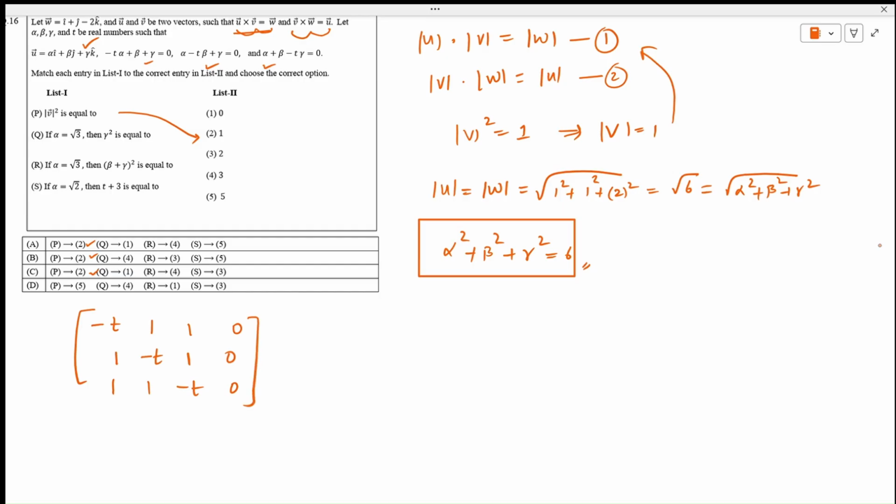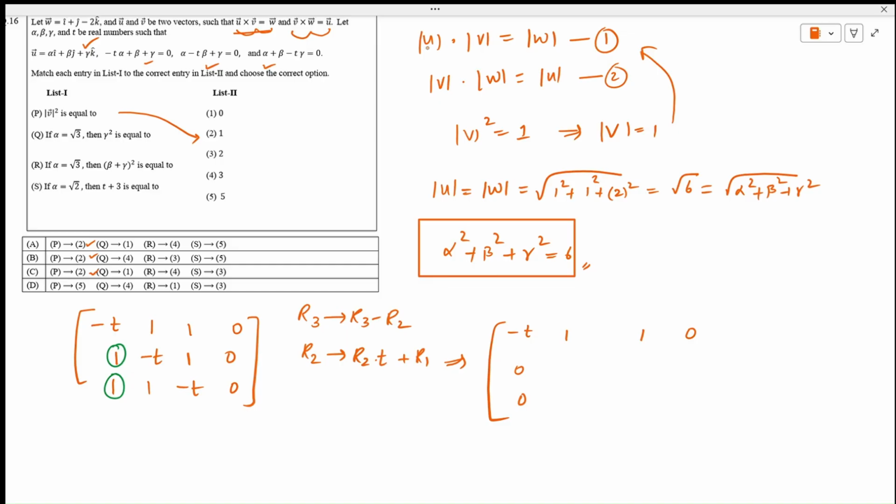Let us convert this to echelon form, where we'll make these two terms 0. For that, what we'll do is R3 will be equal to R3 minus R2, and R2 will be equal to R2 into T plus R1. Then we'll get minus T, 1, 1, and 0, and these two will become 0 obviously.